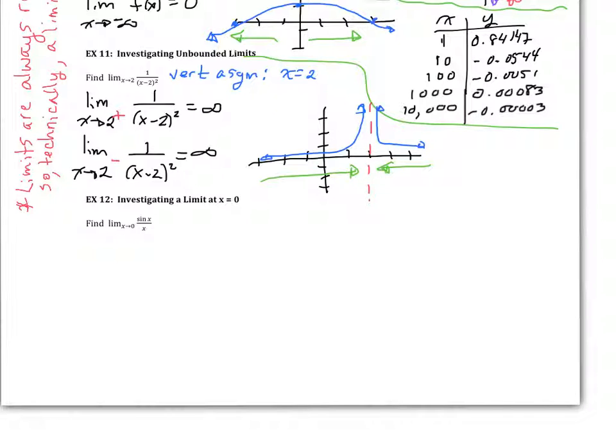So, therefore, because those agree, what is your book going to say? The limit as x approaches just plain 2, because we've now evaluated the right side of the limit, we've evaluated the left side of the limit.